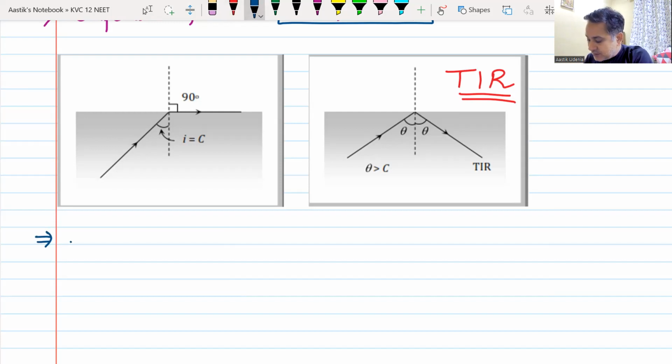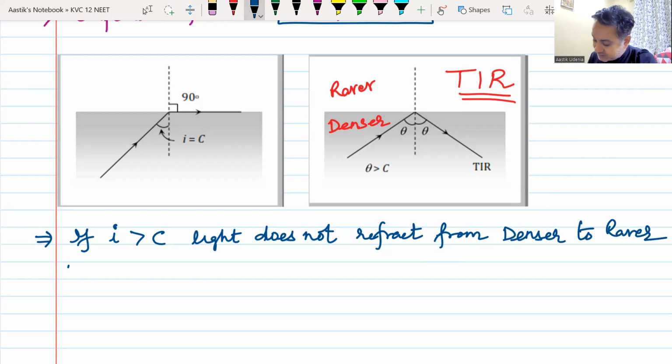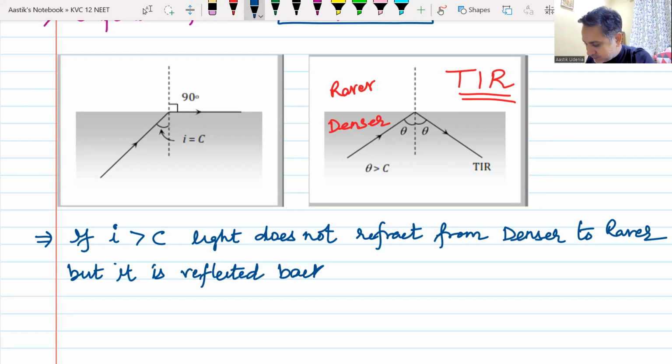So what do I write? If the angle of incidence i is greater than critical angle, light does not refract from denser to rarer, remember it, but it is reflected back in the same medium.